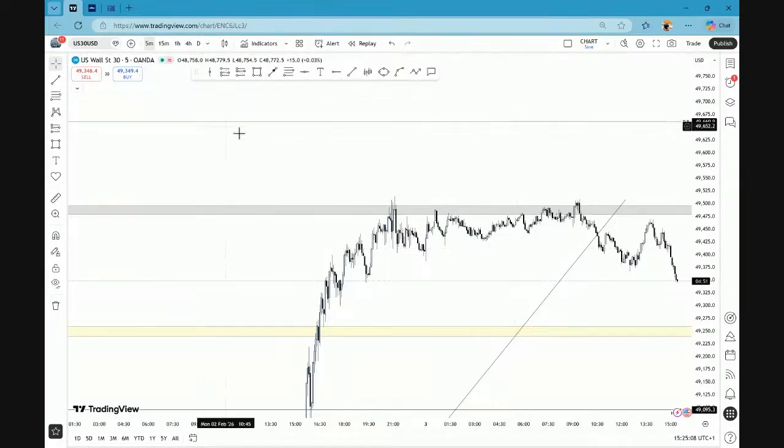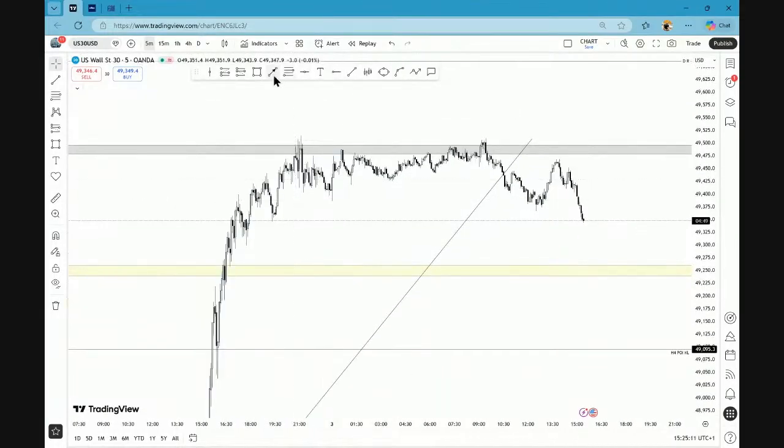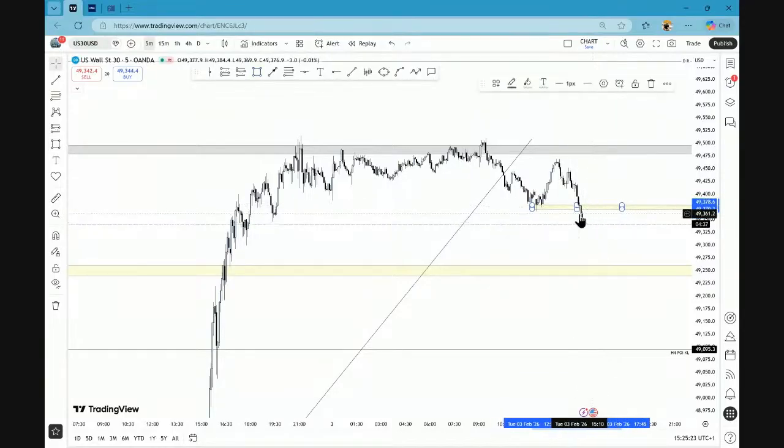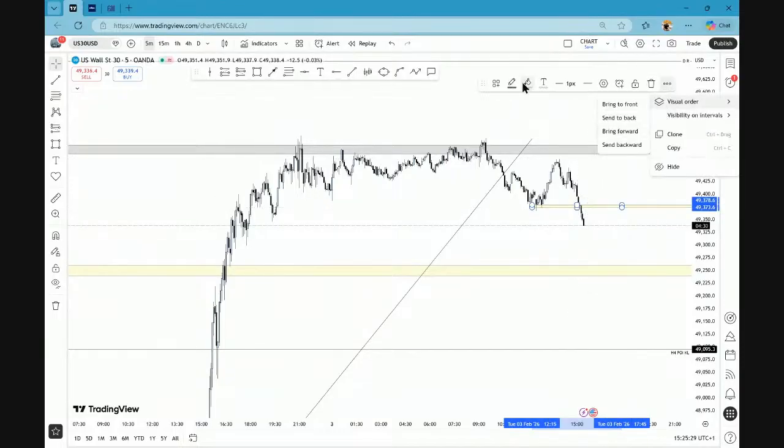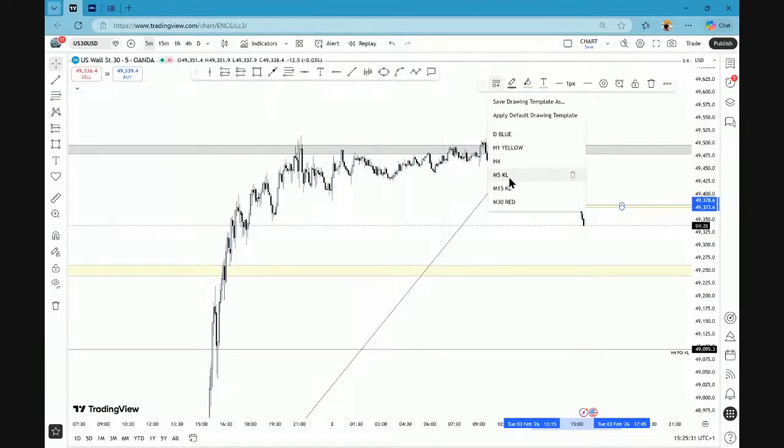So let's see what the 5 minute time frame holds for us. We have how many minutes to go? We have 5 minutes to make a decision if we should be longing US30 or shorting US30. We have 5 minutes to go. Okay, guys, I'm going to change that color to 5 minutes.